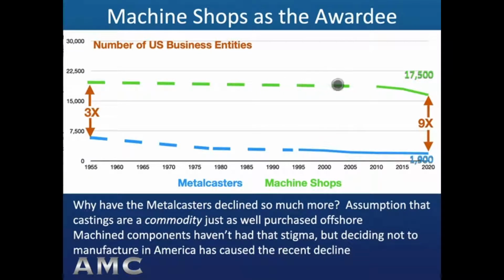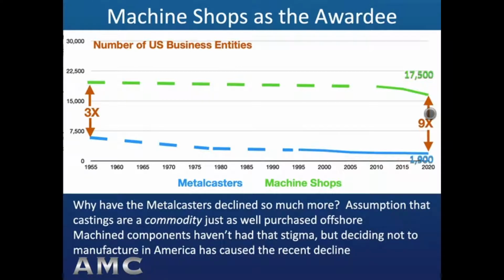Where in 1955 the machine shop to foundry ratio was 3-to-1, now it is about 9-to-1. What would explain this? Well, one thing, offshoring of foundry services is partially what drove this change. Choosing a capable foundry is not easy.